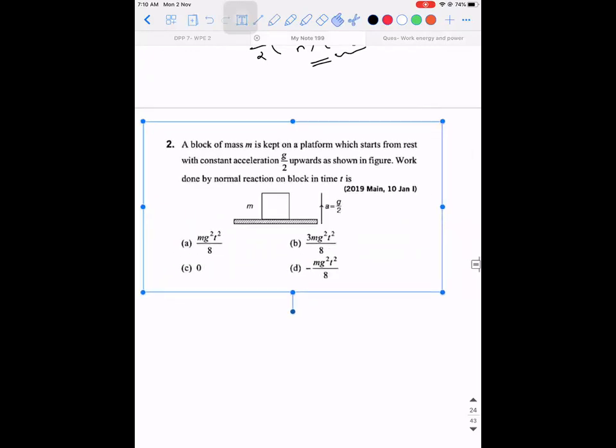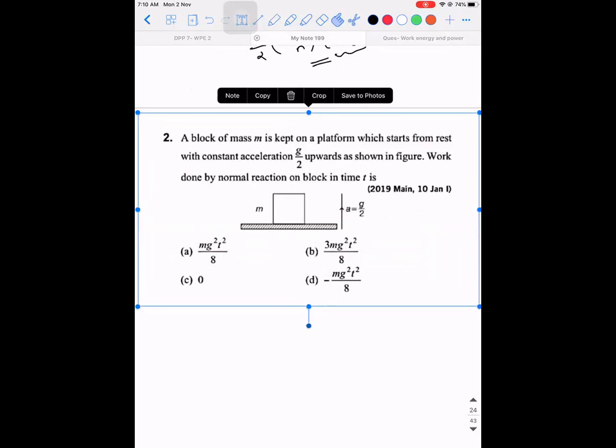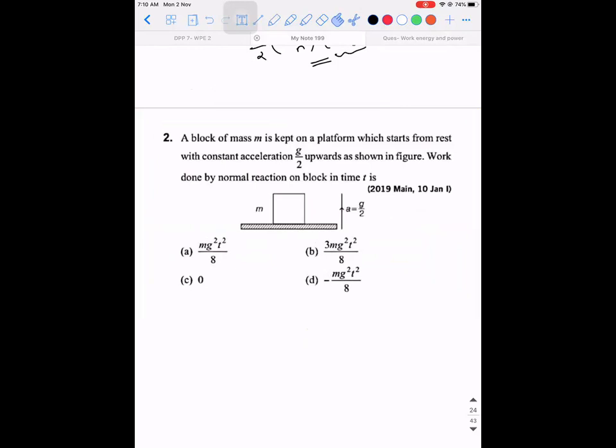A block of mass m is kept on a platform which starts from rest with a constant acceleration of g by 2 upwards, as shown in the figure. Find the work done by the normal reaction on the block in time t. Okay, so how to solve this?